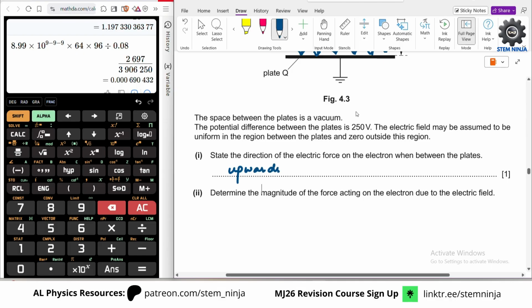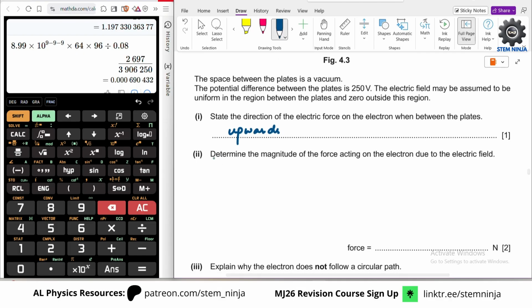Okay. Determine the magnitude of force acting on the electron due to electric field. So basically force is QE and this will be QV over D. So charge on the electron is 1.6 times 10 raised to the power minus 19. Potential difference is 250.